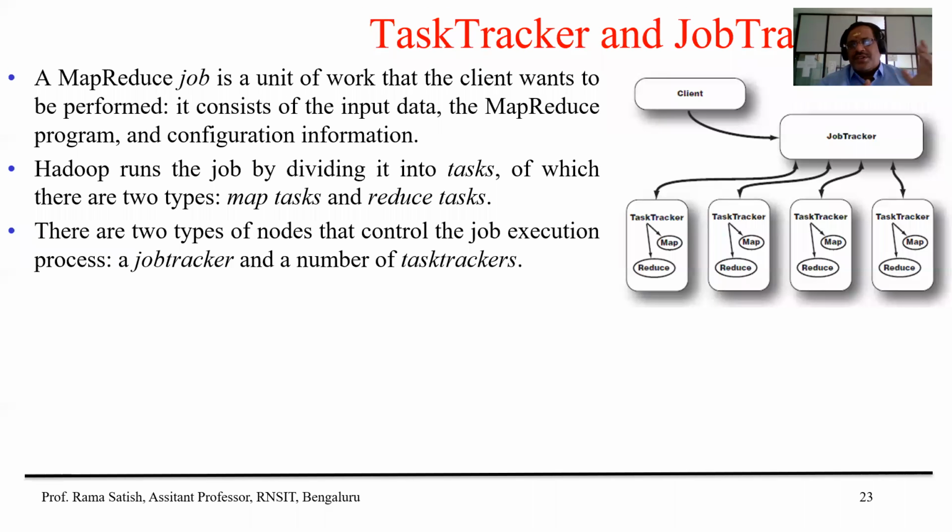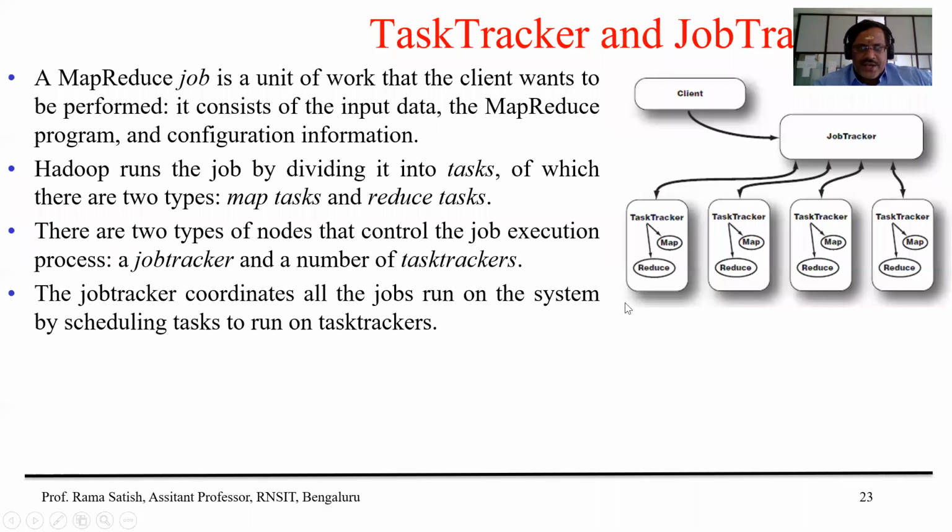So the entire output of the job, whatever is submitted, is collected at the job tracker itself. And observe here, this is the name node, and these are all running in data nodes. The job tracker coordinates all the jobs running on the system by scheduling tasks to run on the task tracker. And a very, very important thing: so you are talking about only one client, one job.